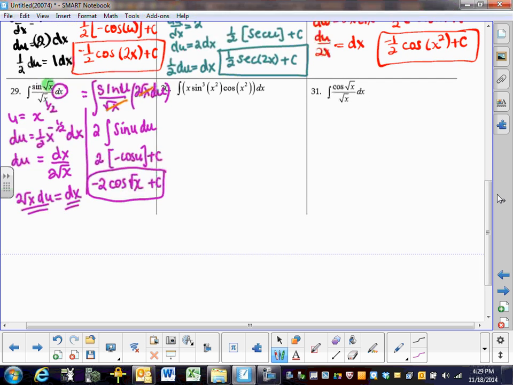Okay, now, number 30 is an example of really one of the hardest types of u-subs for us to do because we get a little confused about what's technically inside. I'm going to rewrite this.